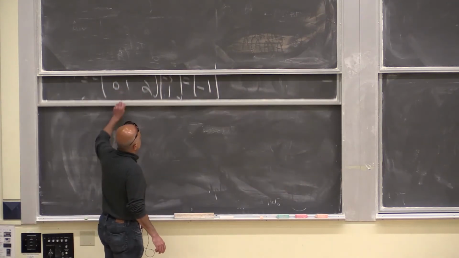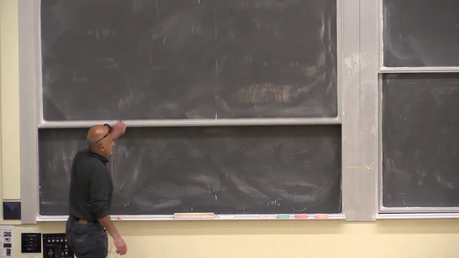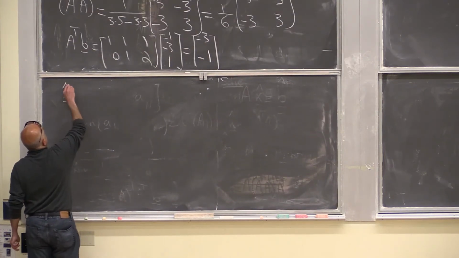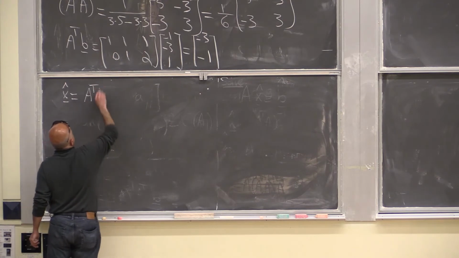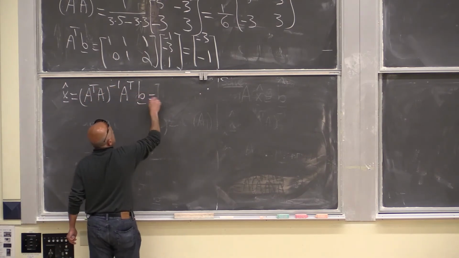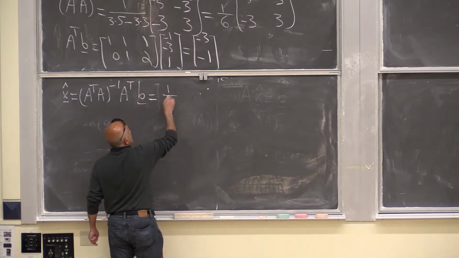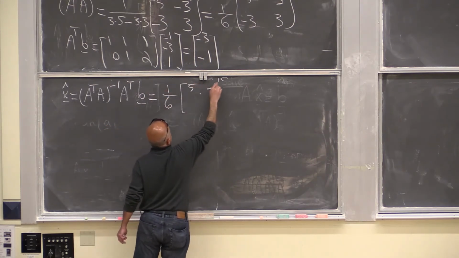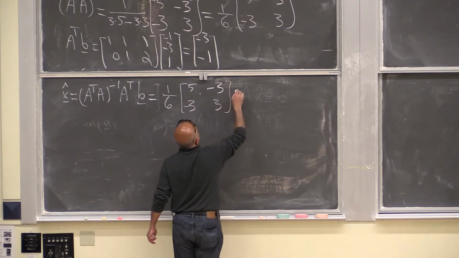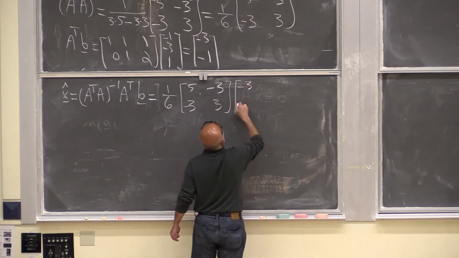And so my x hat is A transpose A inverse A transpose B, which is 1/6, 5, minus 3, minus 3, 3, times minus 3, minus 1.